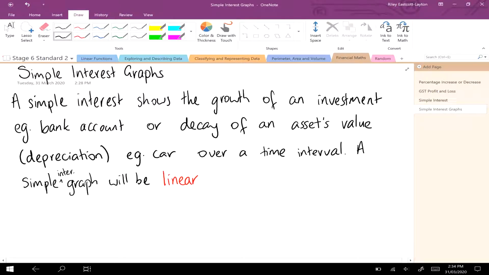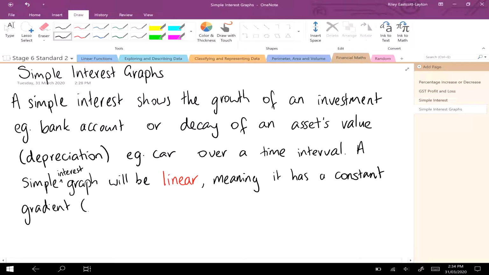Interest graph will be linear. Meaning it has a constant gradient.